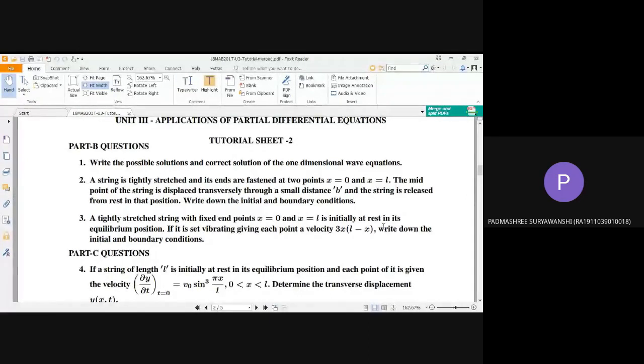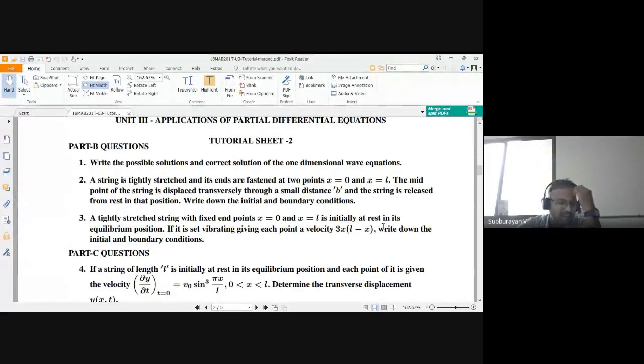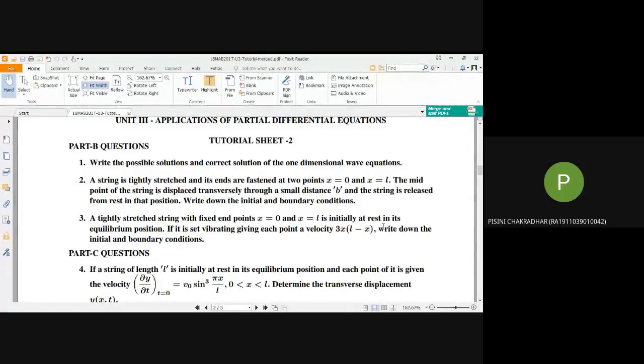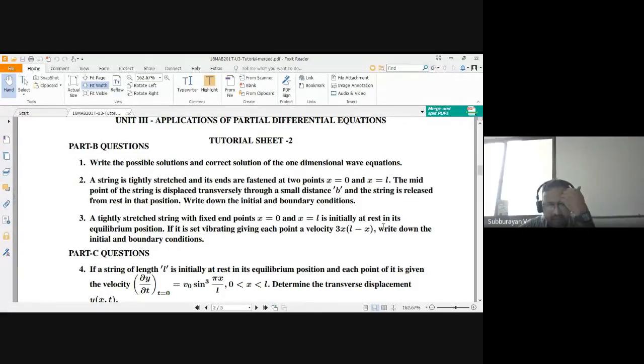Okay, fine, no issues. The first was as you said, then the second solution is A e to the power lambda x plus B into e to the power minus lambda x, into C e to the power lambda ct plus D into e to the power minus lambda ct. Okay, that is another solution. Then the third solution is (Ax plus B) into (Cct plus D). That is the third solution.